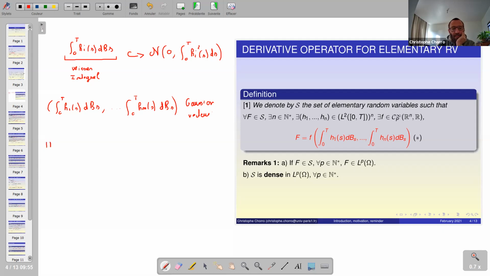So according to what I have said previously, I can say that the absolute value of F is less than the absolute value of this quantity, but I know that f is of class C infinity with polynomial growth, so I have something less than a constant times Q, the polynomial of my Wiener integrals.